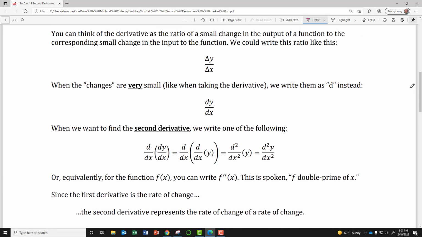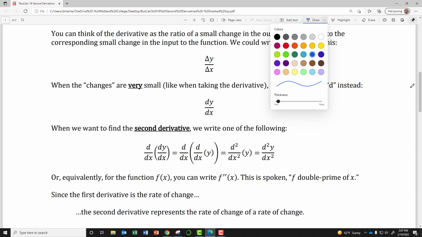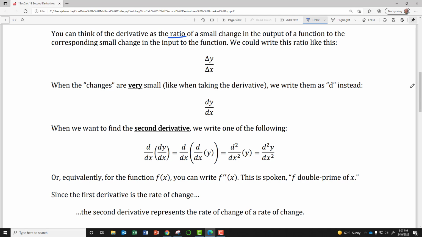So you can think of the derivative that we've been talking about all semester as the ratio of a small change in the output of the function to the corresponding small change in the input. So we could write that ratio like this. Of course, ratio just means we're taking one thing and dividing by the other. Whenever we take the derivative, we want those changes to be really, really tiny, right? In fact, the definition of the derivative says that we take the limit as that change goes to 0.